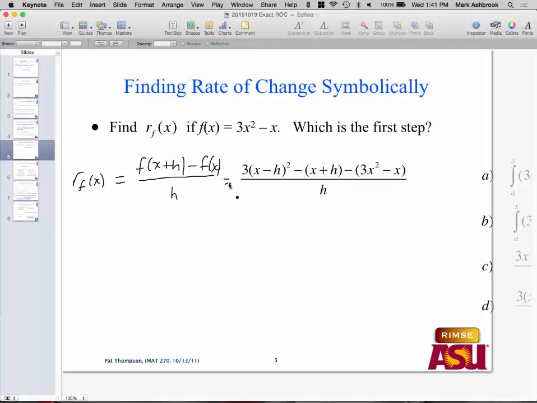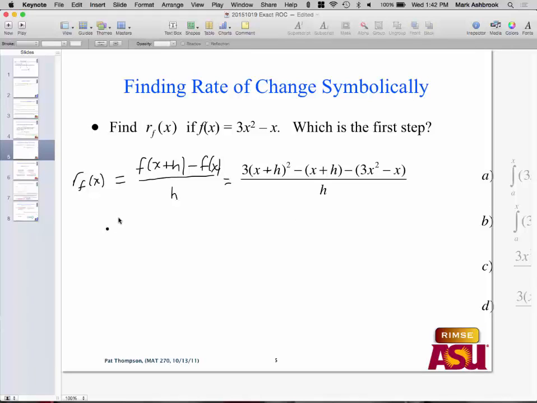And now we have a particular function f. We have its rule: 3x squared minus x. So applying that general form of the rate of change function, we get this.